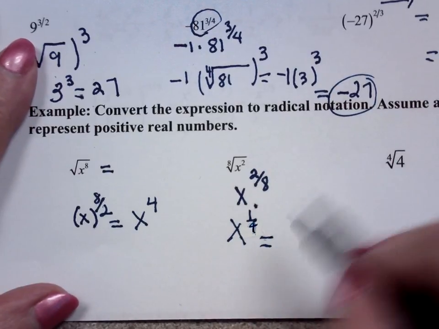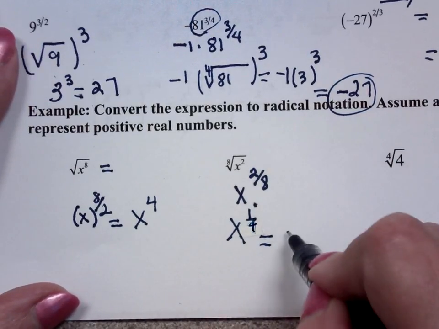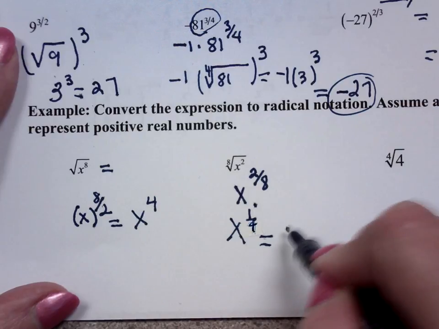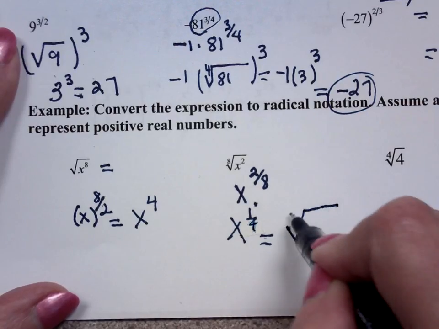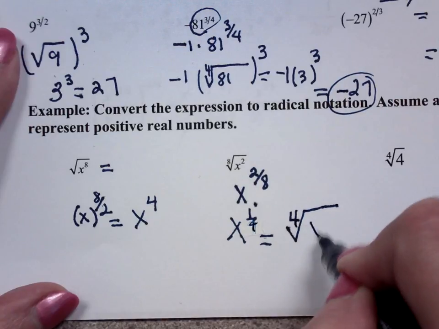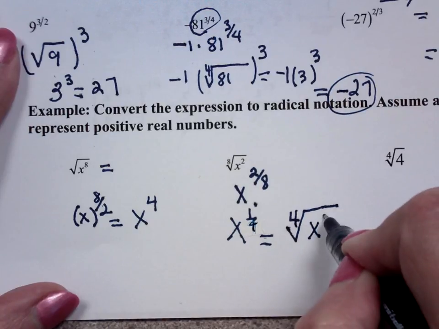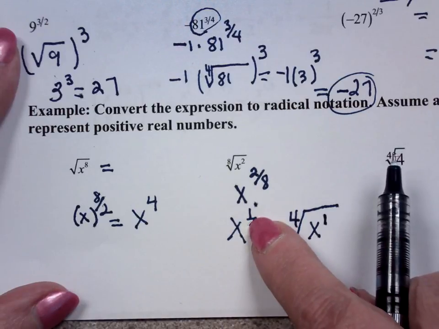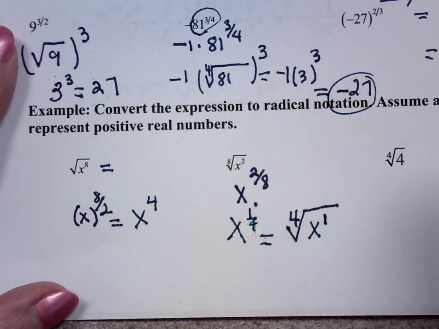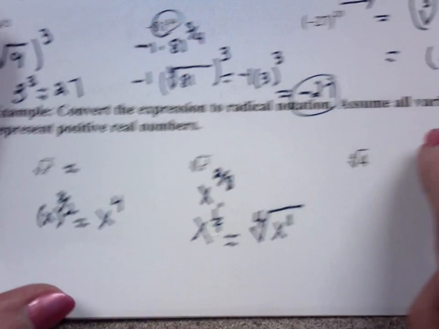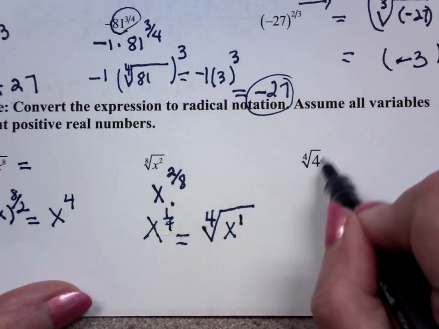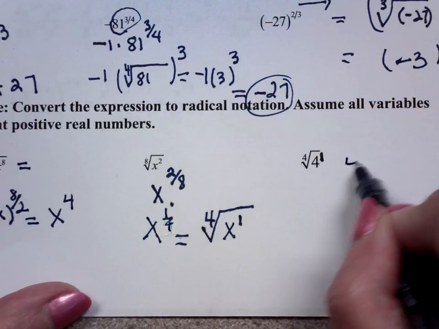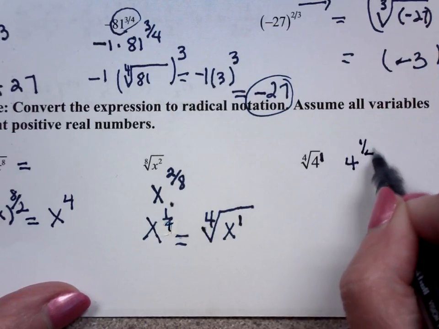That is the same as what? The 4th root of x to the first power. Yes, the denominator is the index, the numerator is the power. Now the exponent on 4 is 1, so this is 4 to the 1/4 power.